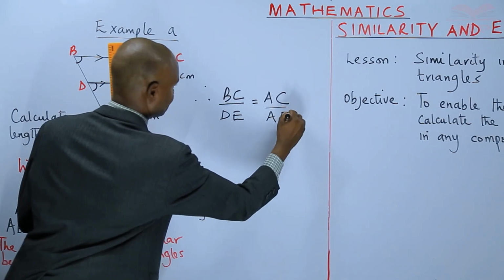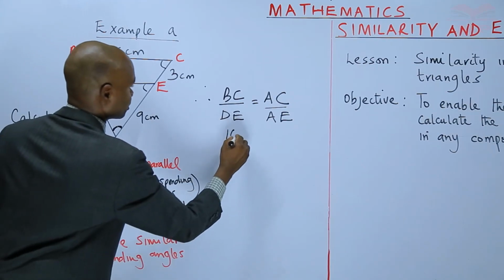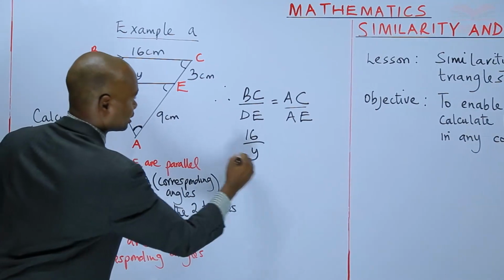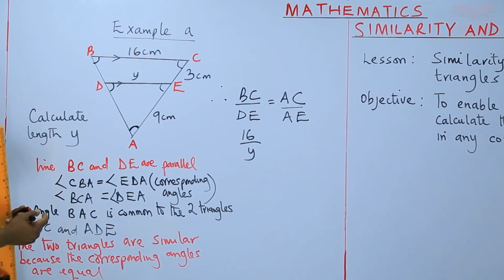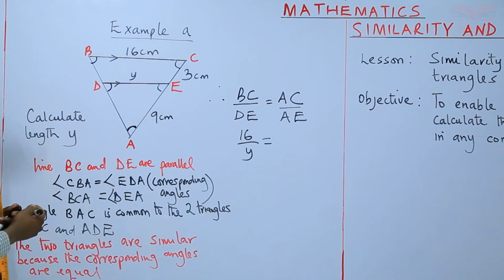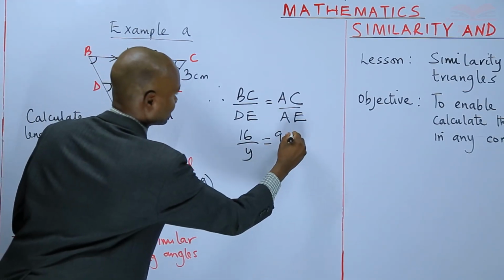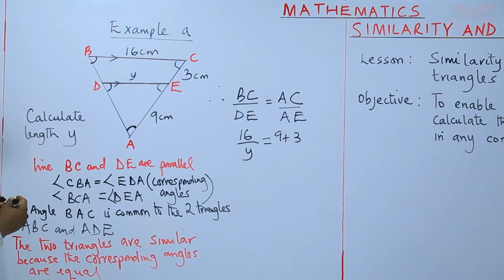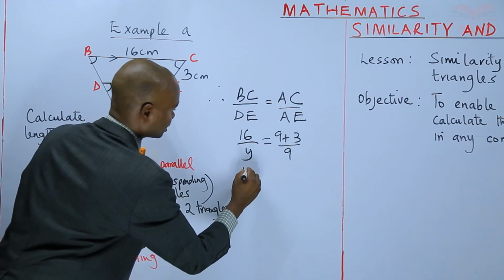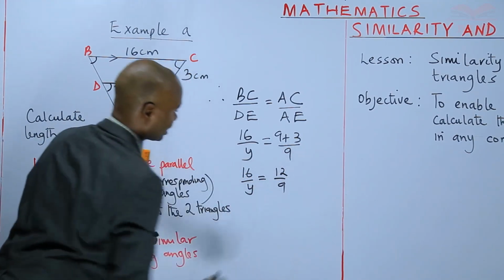Do I know BC? Yes, you substitute. So 16, DE is Y, the length I was supposed to calculate, should be equal to AC. AC is 9 plus 3, divided by AE, which is 9. So you'll say 16 divided by Y is equal to 12 over 9.